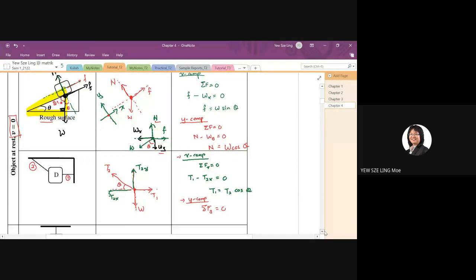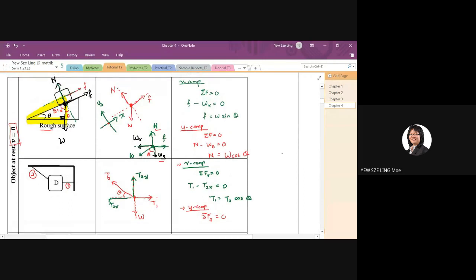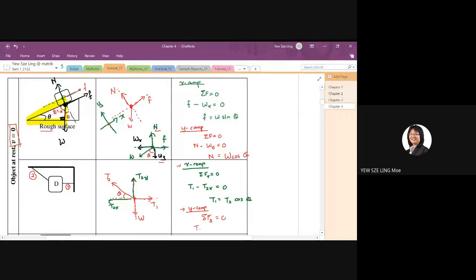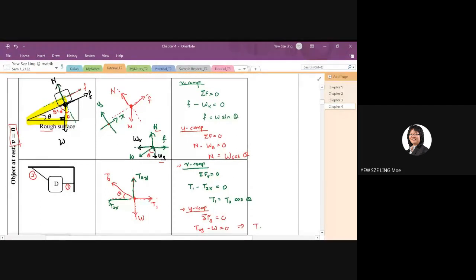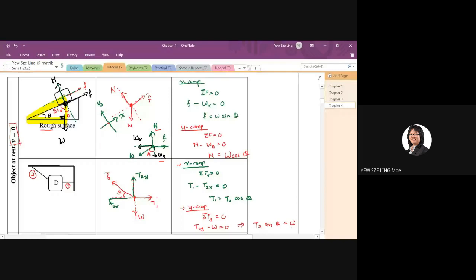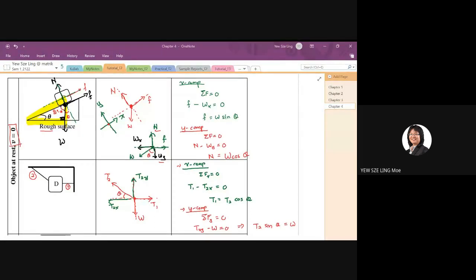Usually students don't like to write x component, y component. No problem, as long as you put the subscript y in your first law. So summations Fy equals to 0. According to my diagram, I have T2y minus W equals to 0. Rearranging the equation, I then have T2 sine theta equals to W. So this is the answer.